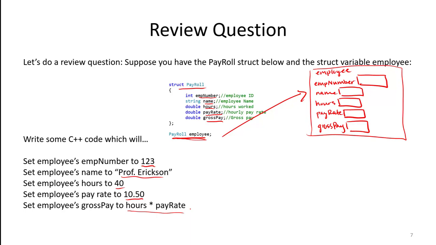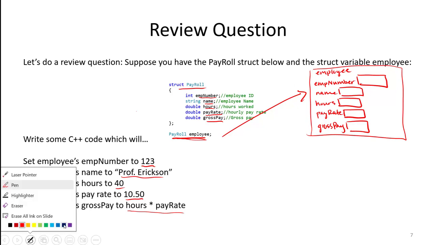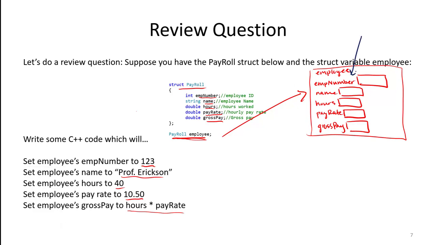So remember, in order to modify the member variables within a struct, we need to use the dot operator. So let's go ahead and show how that works.